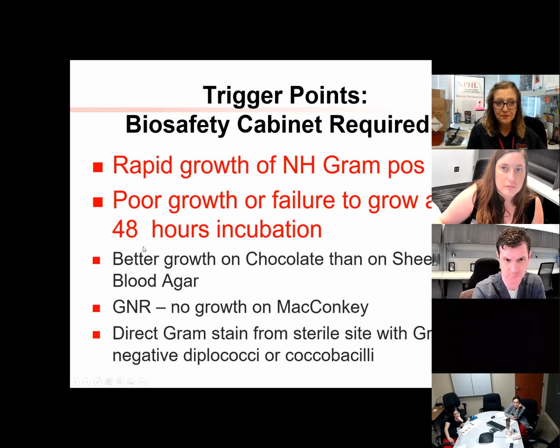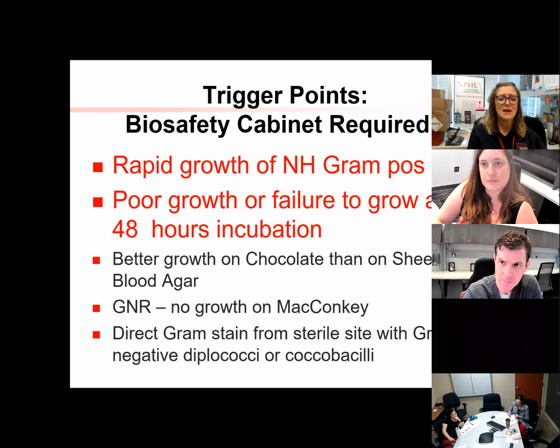All right. So some others that we'll talk about eventually, there are some organisms that grow better on chocolate than sheep blood agar. That might be at 24 hours, but Haemophilus grows well on chocolate and shouldn't be growing on sheep blood.